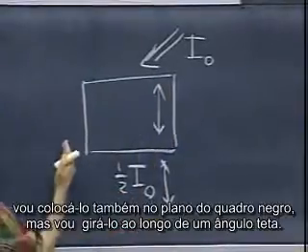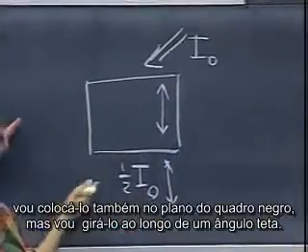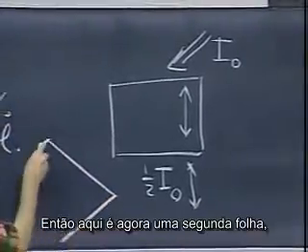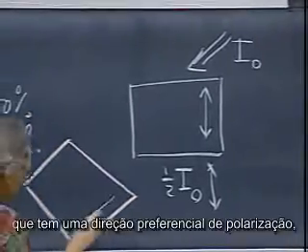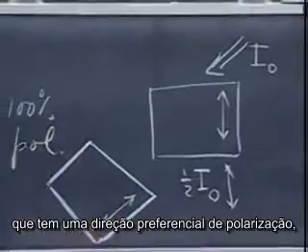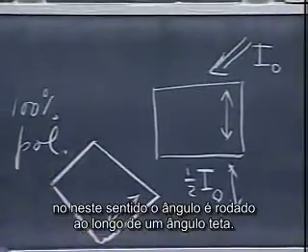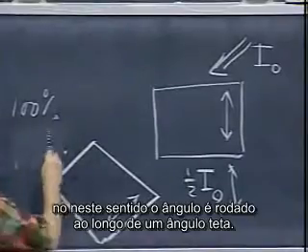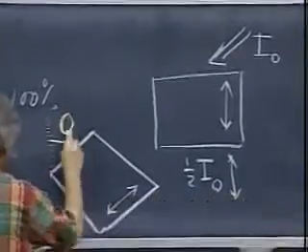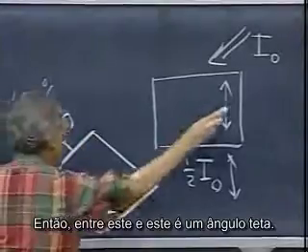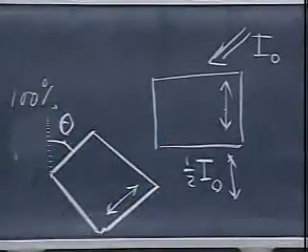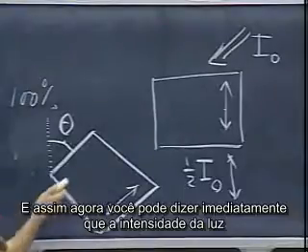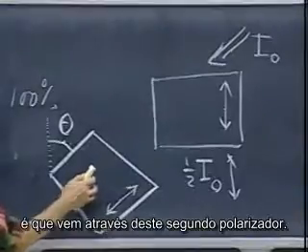I put it also in the plane of the blackboard, but I rotate it over an angle theta. So here is now a second sheet, which has a preferred direction of polarization in this direction, and the angle is rotated over an angle theta. So between this one and this one is an angle theta. And so you can now immediately tell what the intensity of the light is that comes through this second polarizer.